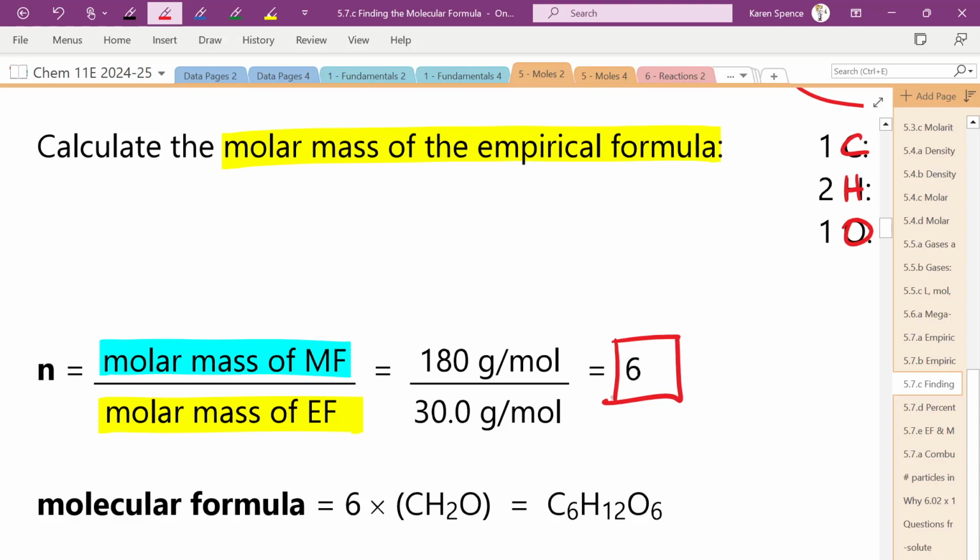Now, if you do not get a whole number or something really close to a whole number, it means you've done something wrong. You've either calculated the molar mass of the empirical formula wrong, or if you had to find the empirical formula earlier, you might have gotten that empirical formula wrong. Okay, but you should get a whole number or something really close to a whole number.